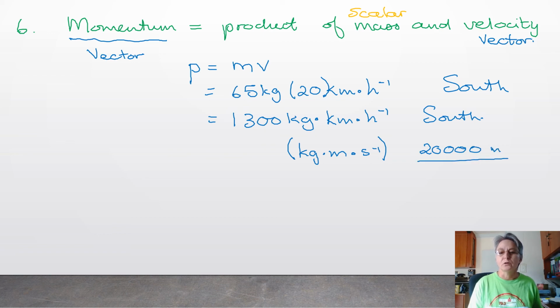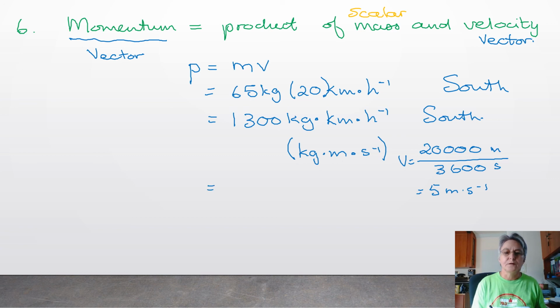An hour has got 3,600 seconds in it. So 20,000 divided by 3,600 will give you the meters per second. So it's 5.56 meters per second, rounded off, is my velocity.